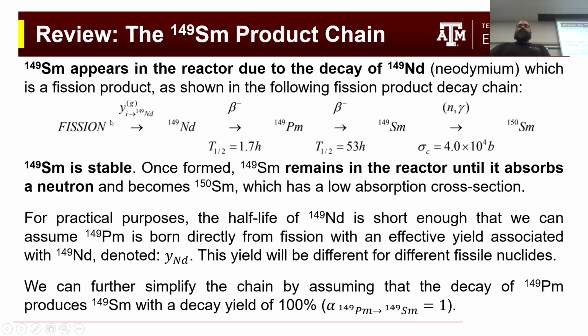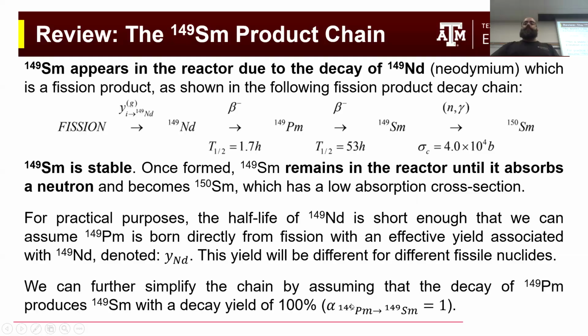And so fission directly produces promethium, which decays into samarium, and then samarium 149 absorbs a neutron to become samarium 150. And we can also assume that, technically, promethium has a multi-decay pathway, but for simplicity, we assume that 100% of those decays result in the production of samarium 149.